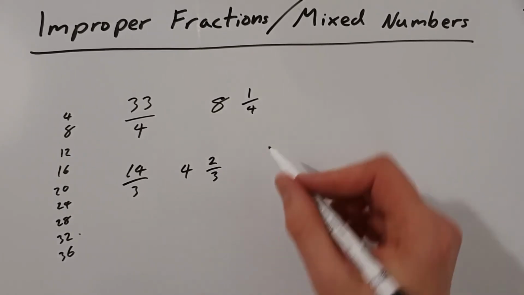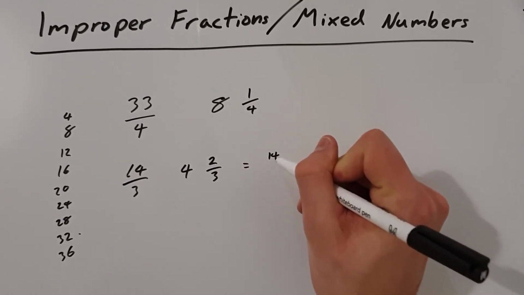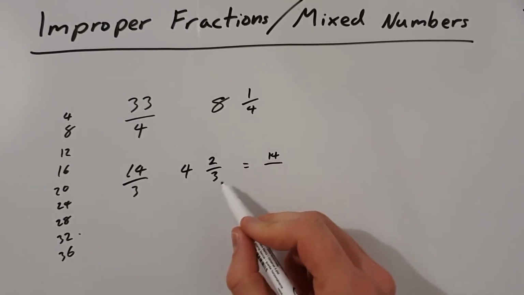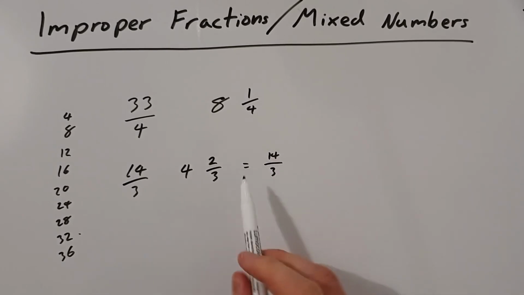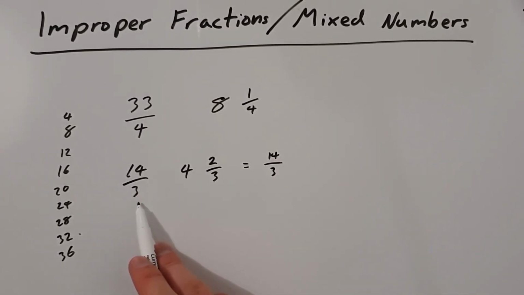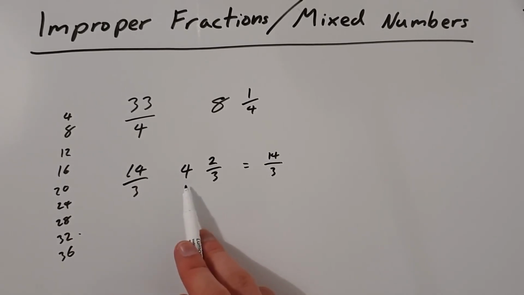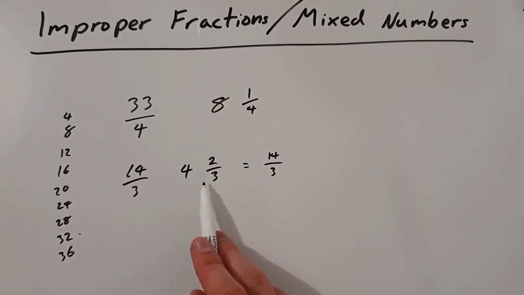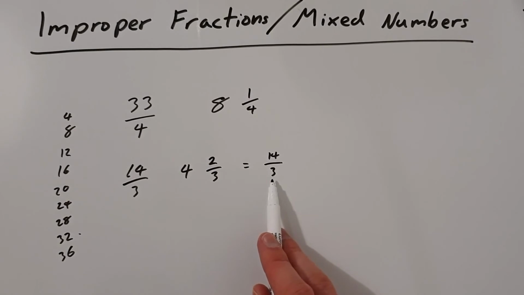Add the 2 gives us 14 as our numerator, and we keep our denominator as 3. And that's right, we got the right answer because we started with 14 over 3, converted it into a mixed number and got 4 and 2/3, and then converted that back into an improper fraction and got 14 over 3 again. And that's how we know we got the right answer.